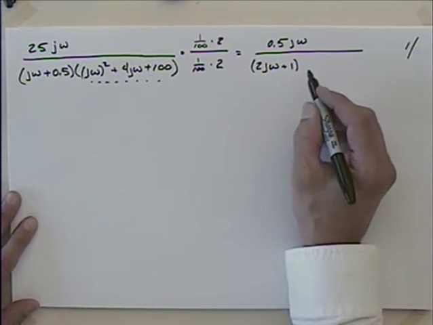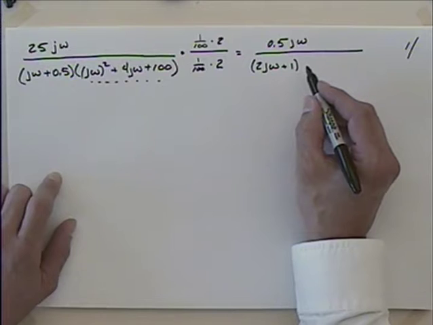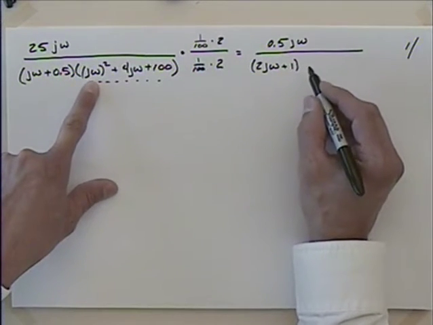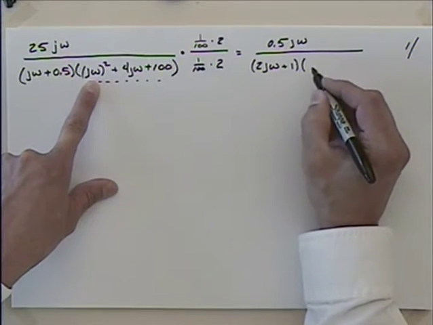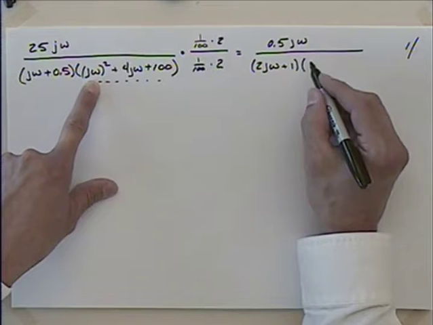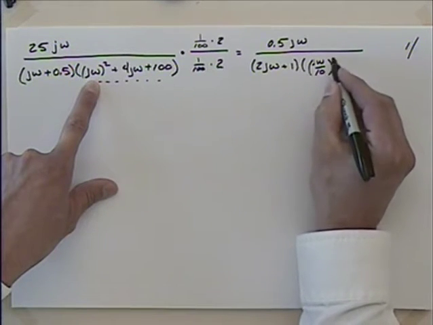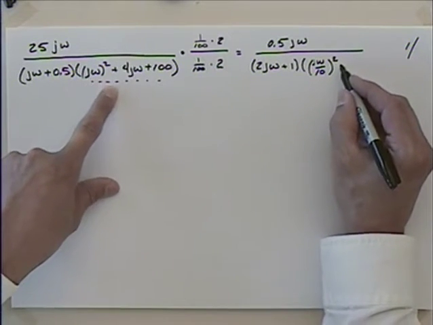So I bring the 2 into there, and then this other one is where I bring the 100 in. It's going to have j omega squared. Let's see, j omega over 100 squared. Make sure I do that right. No, j omega over 10 squared. When I have 10 squared, yeah, then I get the 100, so I'm good there.